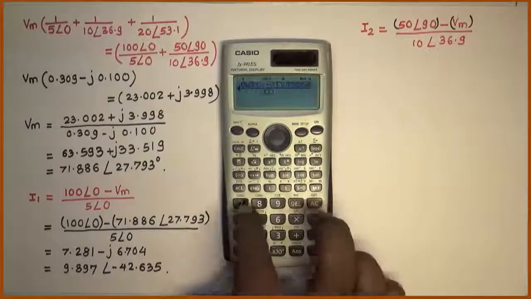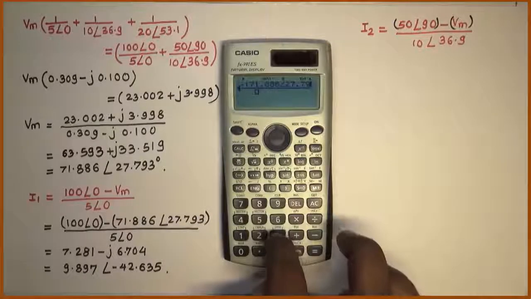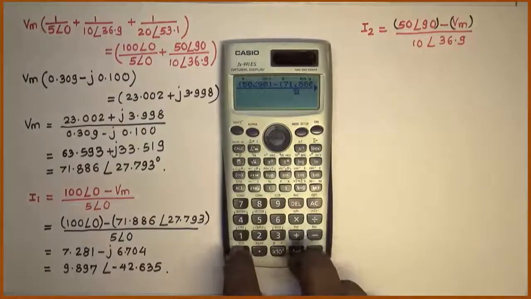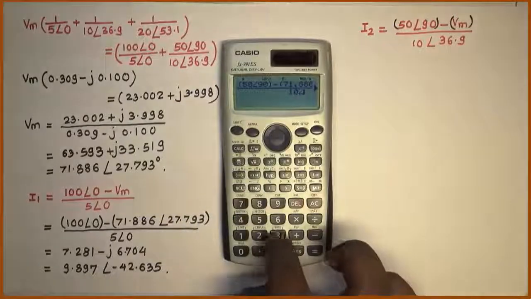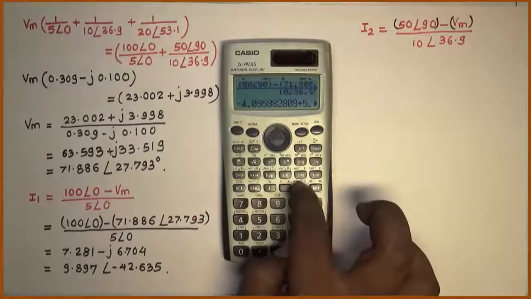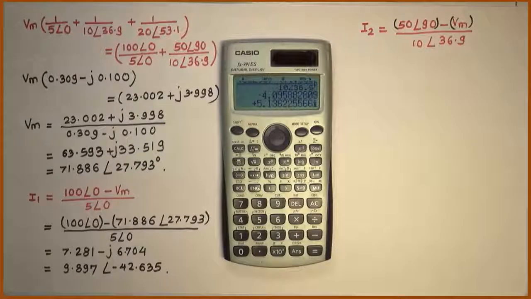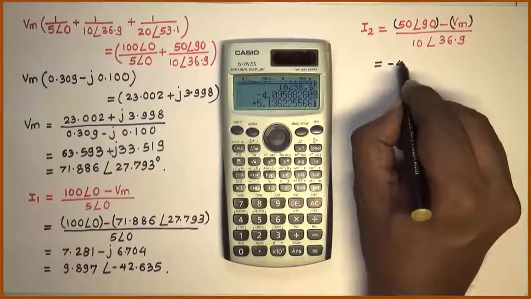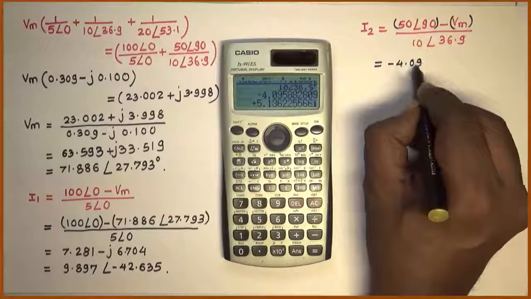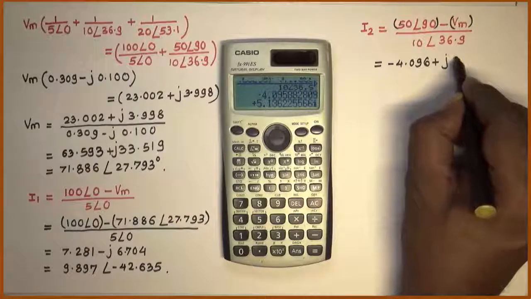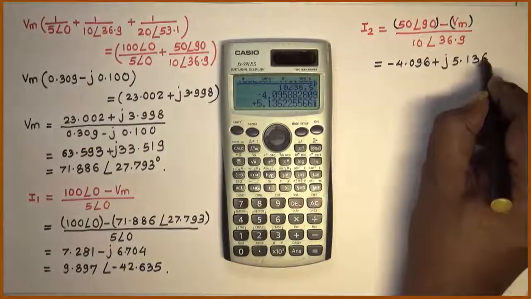angle 27.793 bracket complete divided by 10 angle 36.9, equal to. If you want to see the total answer, again S to D, that gives me the answer in rectangular form. It is minus 4.096 plus J 5.136.